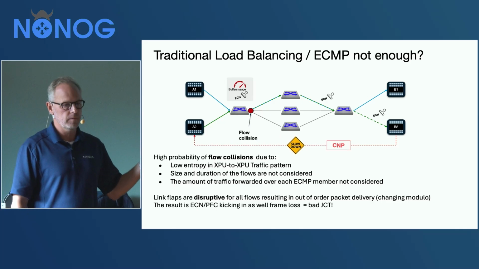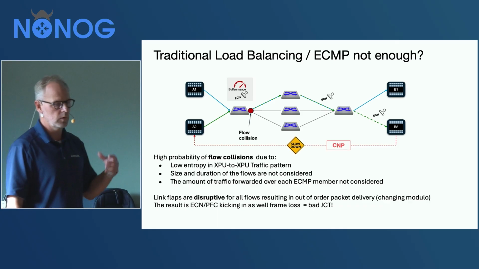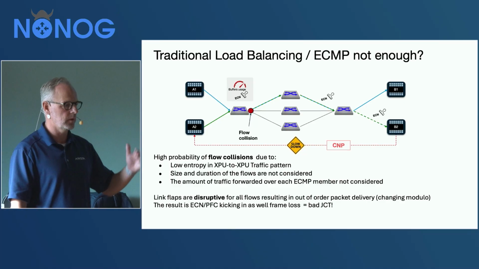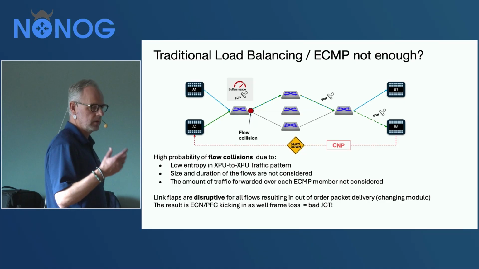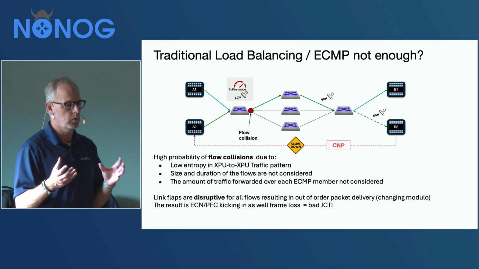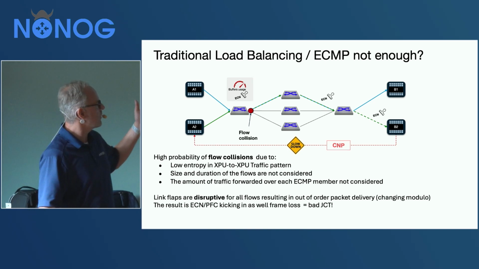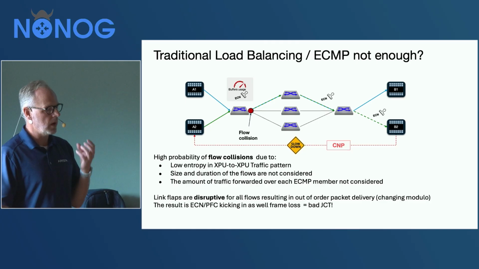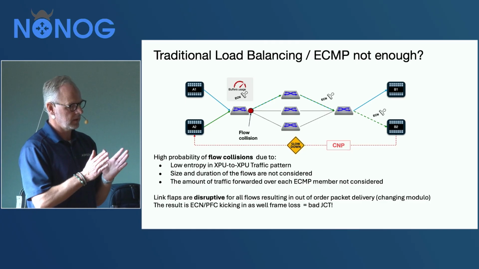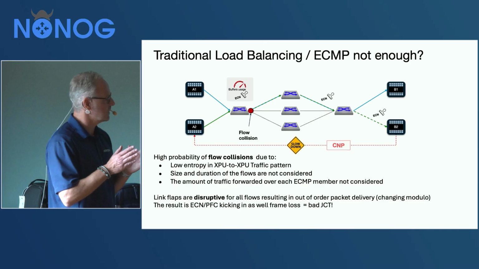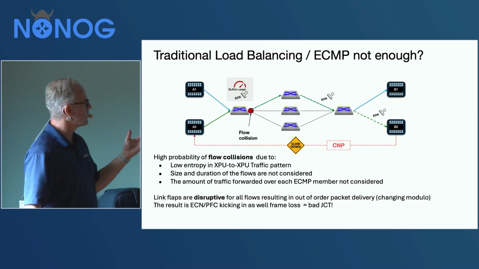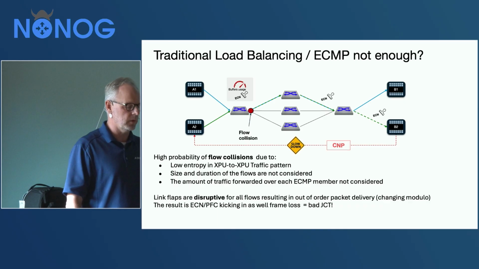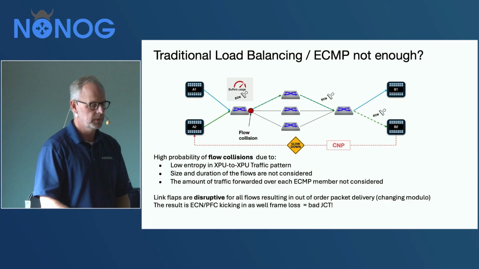In a leaf and spine environment, we're using ECMP, equal cost multipath, as the standard load balancing. It hashes each flow, and that works very well when you have 10,000 or 100,000 smaller flows. But if you have elephant flows with low entropy, which is basically low numbers to do the hashing on, it's easy to place two flows on the same link and start to have collisions.